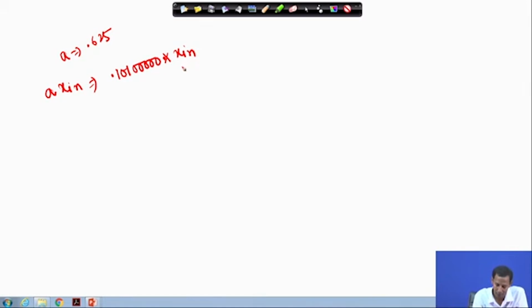So, what does this mean? How can I get the corresponding A into x in value? I know that the value of this particular bit position is 2 to the power minus 1. So, if I write A into x in in such a way, I can get the result, but can I write it in a different representation? I can.